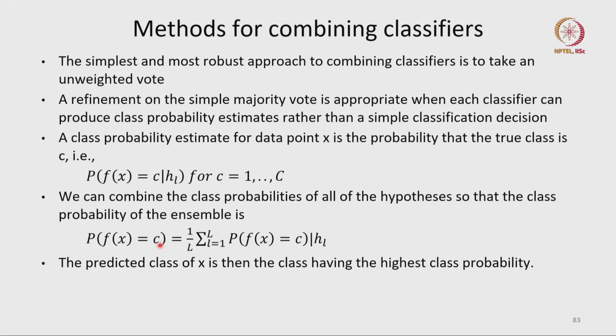And you can do this for every class C, from 1 to capital C. Then the predicted class will be the class having the highest class probability. Okay. So, that is how you combine these things. Okay, so that is about ensemble classifiers. We will stop this session here and continue in the next session.